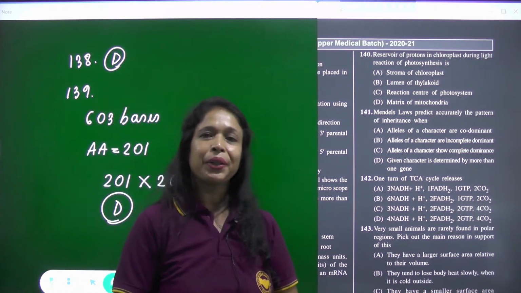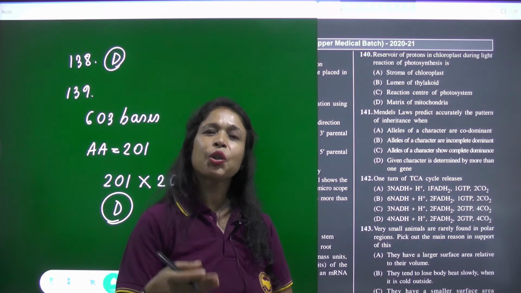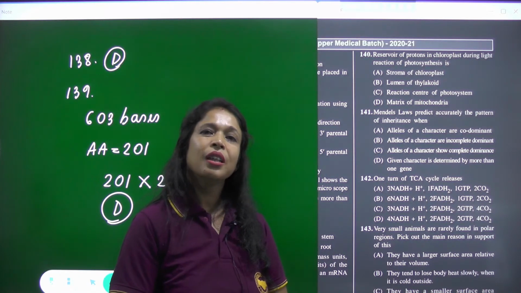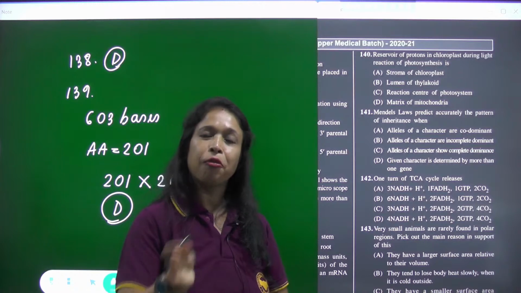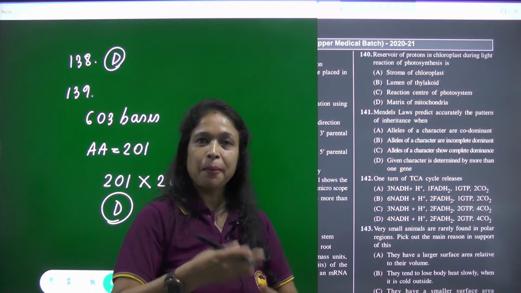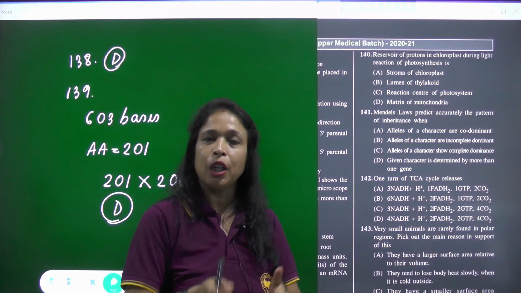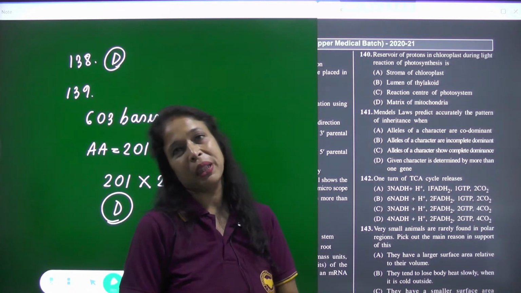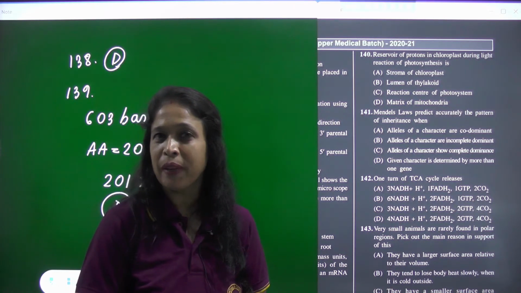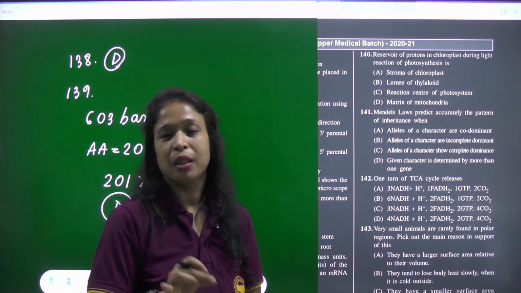So we studied that during the light reaction of photosynthesis, at the time of electron transport, one more function goes on, that is pumping of protons from the stroma to the lumen of the thylakoid. मतलब जैसे जैसे इलेक्ट्रॉन का ट्रांसपोर्ट होगा, there will be pumping of protons from stroma to the lumen of the thylakoid. Fine. So there will be accumulation of protons in which part of the chloroplast? Always in the lumen of thylakoid, right?